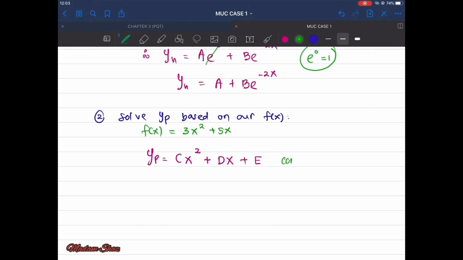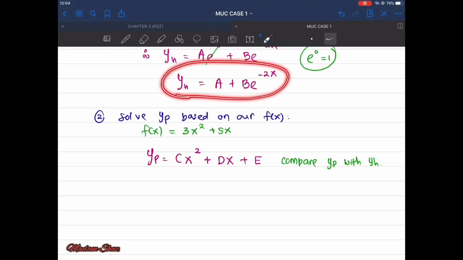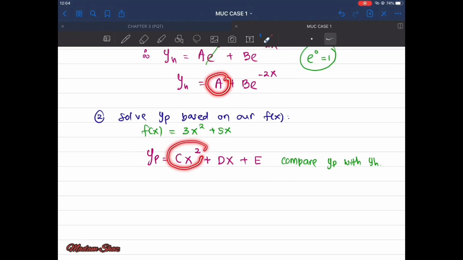From this yp, compare our yp with yh. We need to compare so that there is no equal term between yh and yp. Okay, so this is our yh, this is our yp. A compared with Cx square: no equal term, because A is not equal to Cx square. A compared with Dx: also no equal term.